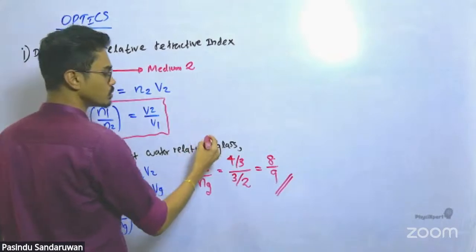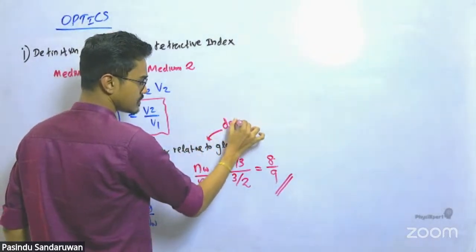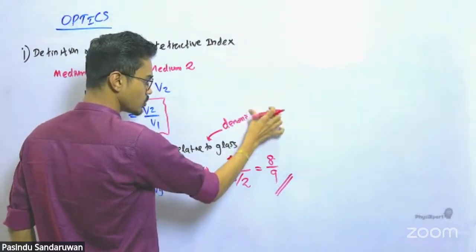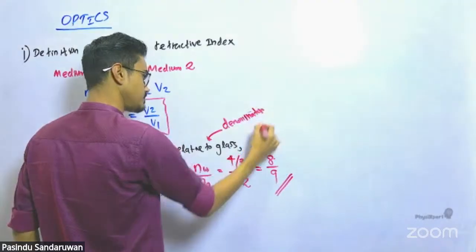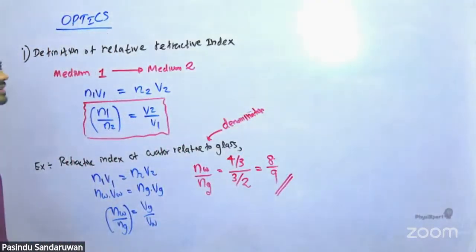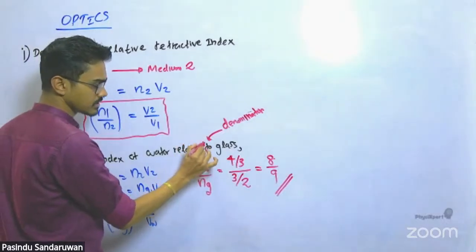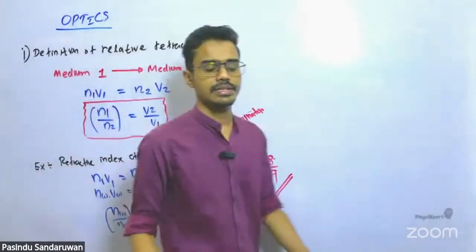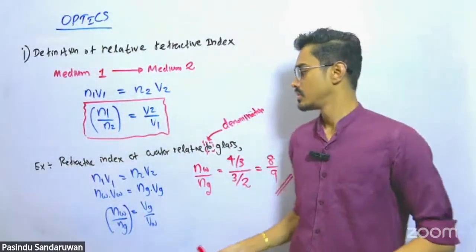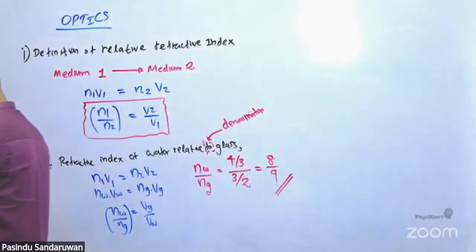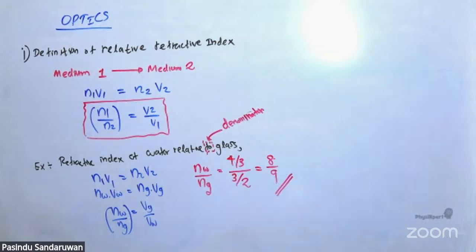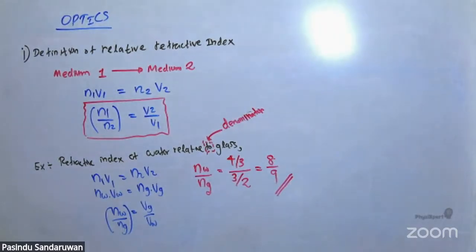The term with 2 is always coming as denominator, right? Write down.